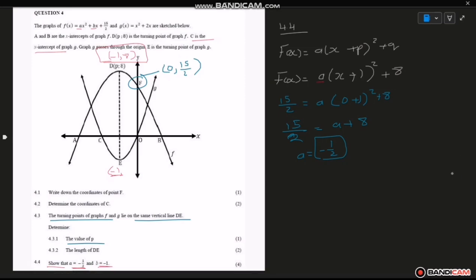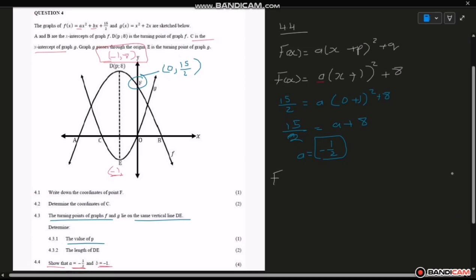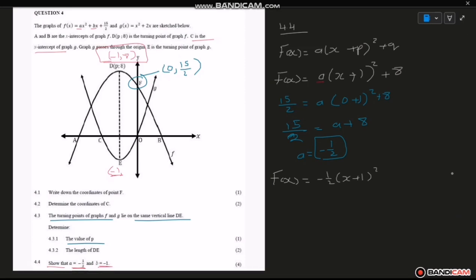So f of x equals a, which is negative half, open brackets, x plus 1 squared plus 8. Then what are we going to do now? We're going to simplify x plus 1 squared, negative half. Then here we're going to have x squared plus 2x plus 1. When you simplify that, plus 8.